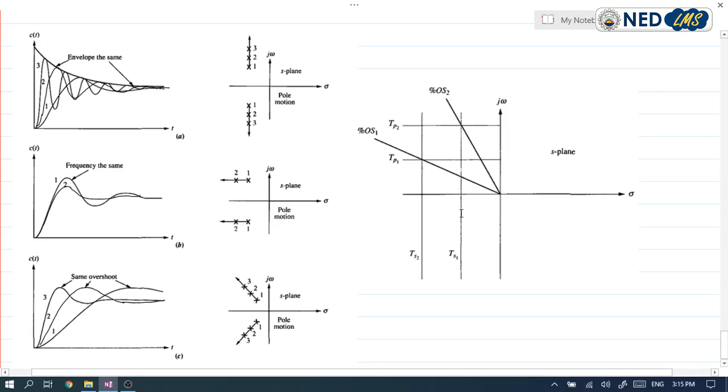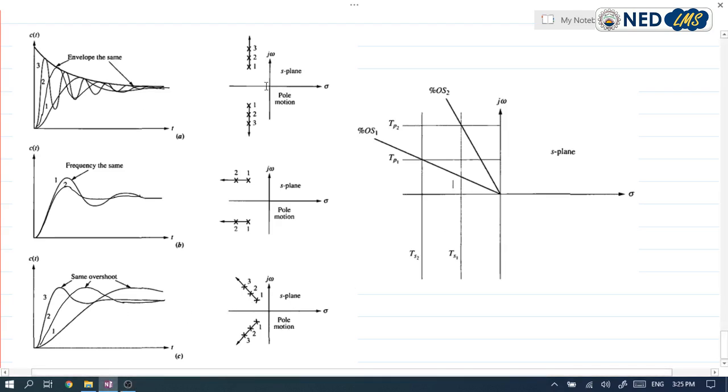We have also seen that zeta is equal to cos theta. So these radial lines are lines of constant zeta because the angle will be the same, and we know that the percentage overshoot is only a function of zeta. So radial lines are thus also called lines of constant percent overshoot.